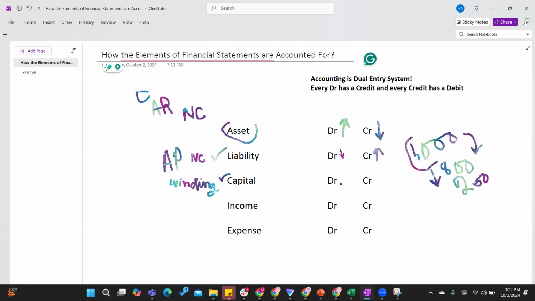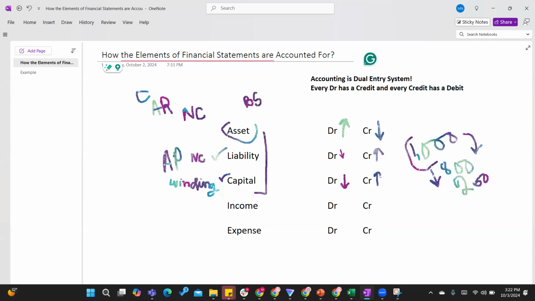That's why its treatment is the same as the liability treatment. So whenever there is an investment from the shareholder, we are going to credit the capital account. And whenever the shareholder withdraws the money, I'm going to debit it because it's going to reduce. So these three are a part of the balance sheet, and this is how these will be accounted for.